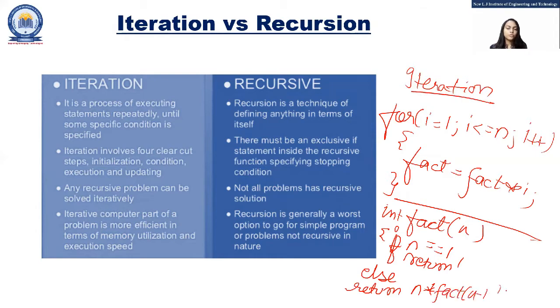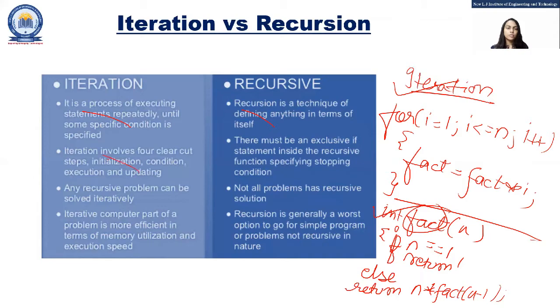So iteration, students, basically involves loops, and factorial using recursion has a function calling itself, right? Iteration is a process of repeating, that is, executing statements repeatedly until some condition is satisfied, whereas recursion is a technique of defining anything in terms of itself, that is, a function calling itself.